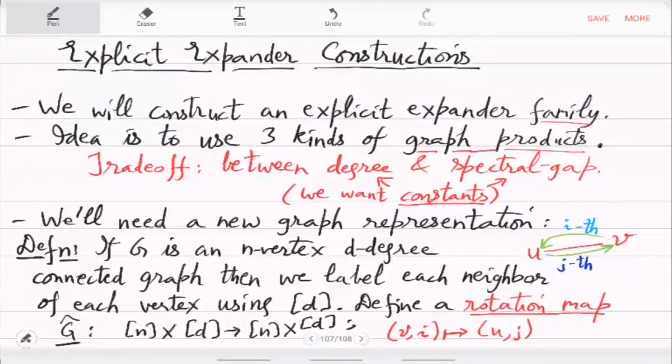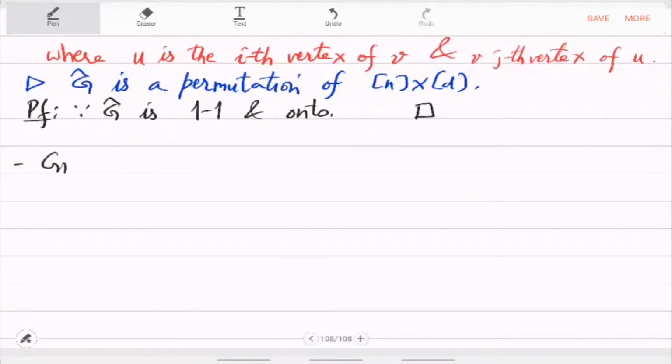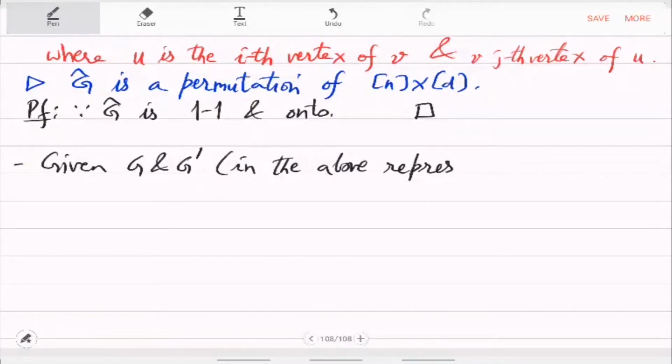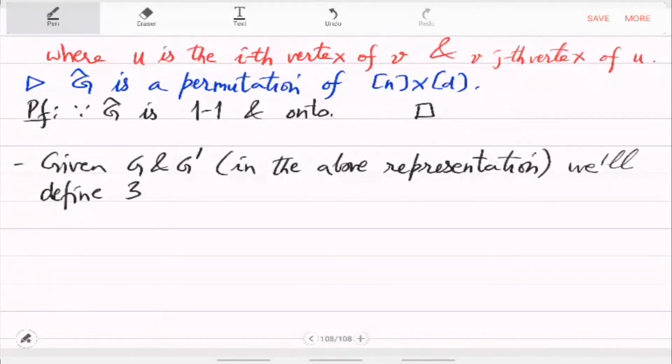So the three products that we will consider: given G and G prime in the above representation, we'll define 3 kinds of products.